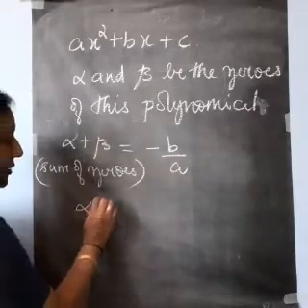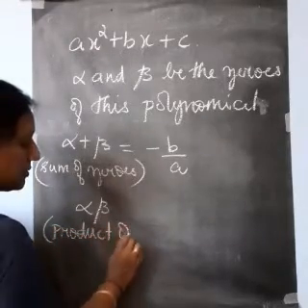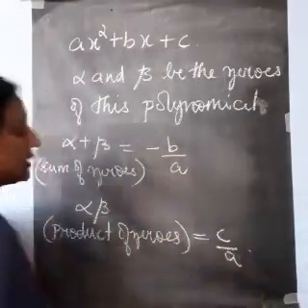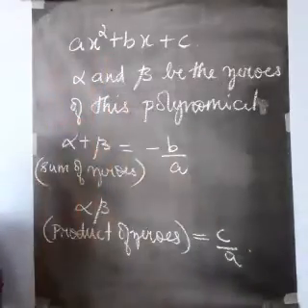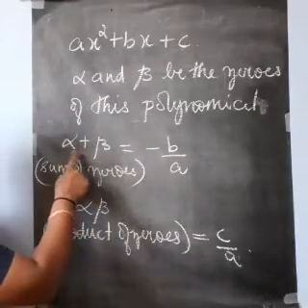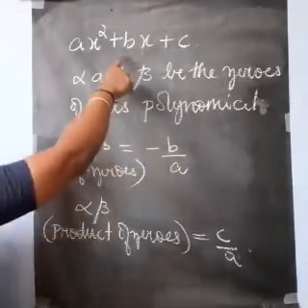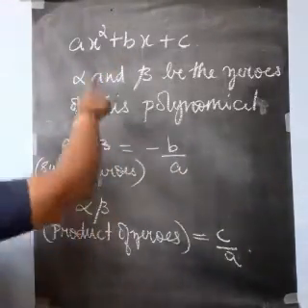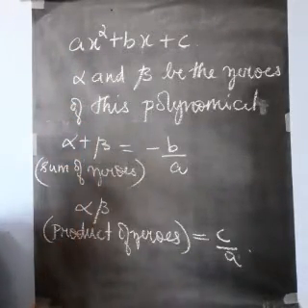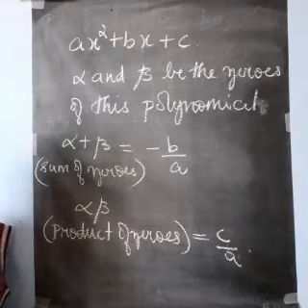Then alpha into beta, that is the product of zeros, is equal to c by a. So in case of a quadratic polynomial ax squared plus bx plus c, the sum of zeros alpha plus beta is equal to the negative of the x coefficient divided by the coefficient of x squared, and the product of the zeros is equal to the constant term divided by the coefficient of x squared.